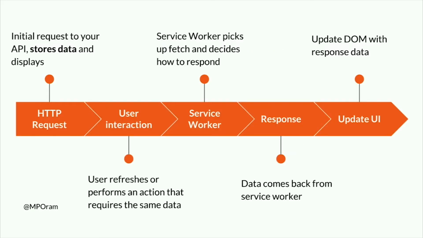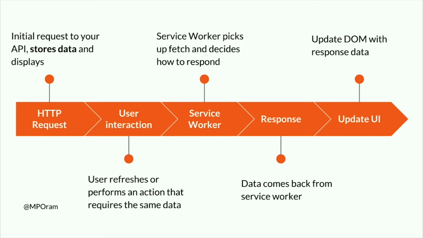So basically what's going on here is the initial request to your API goes out, gets the data, on its way back we store the data, and then we display it to the user. User interacts with your page in some way, they refresh or they go to another page which requires the same data on it. The request goes out, but this time the service worker picks it up and decides how to respond with it.